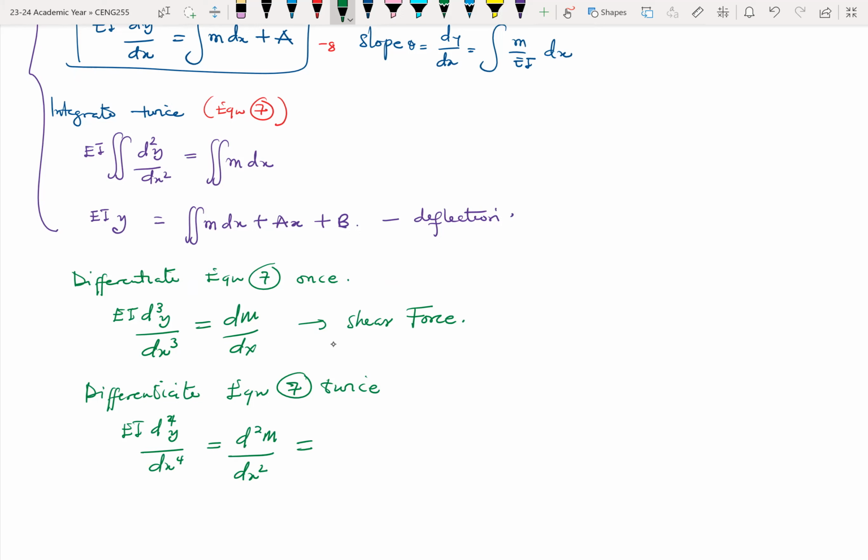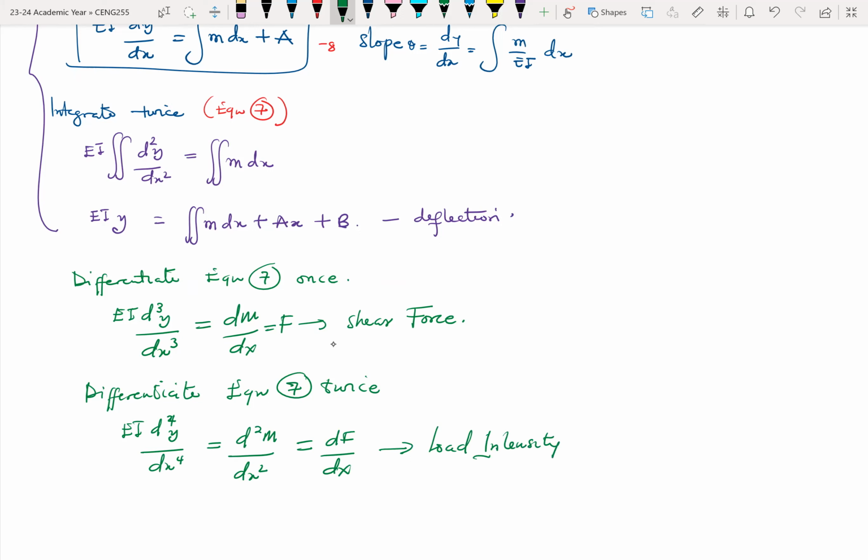And that is assuming that, let's say, the shear force is F in this case, then this is the same as dF/dx, and dF/dx will give us the load intensity. Okay.